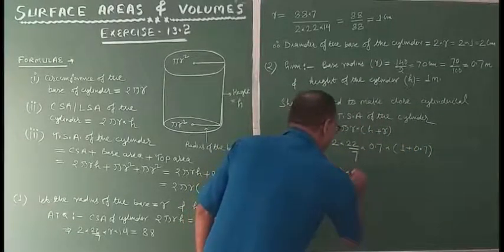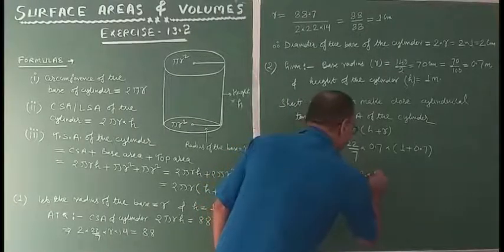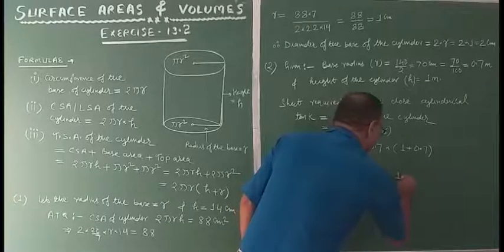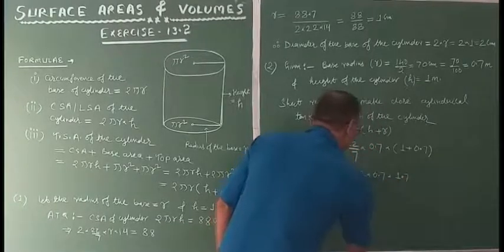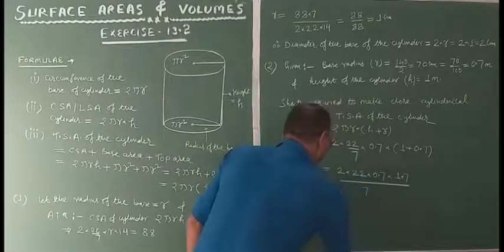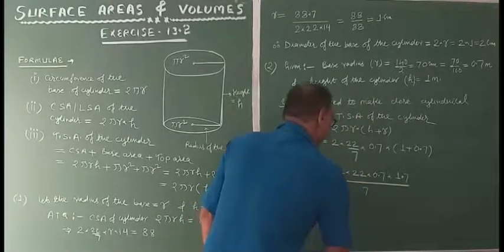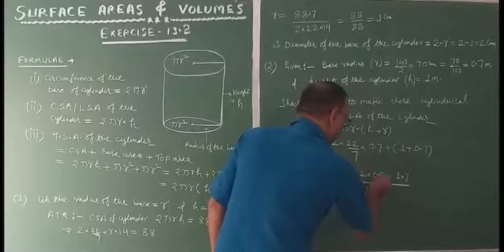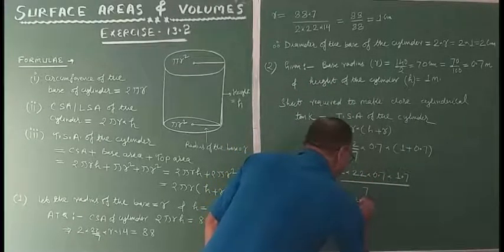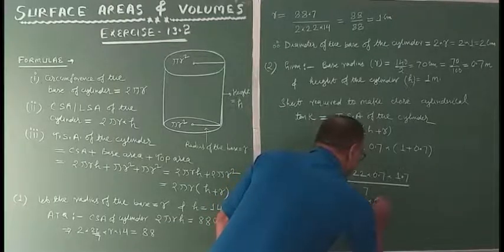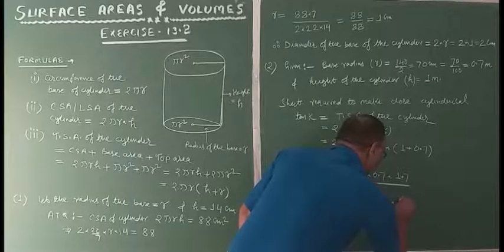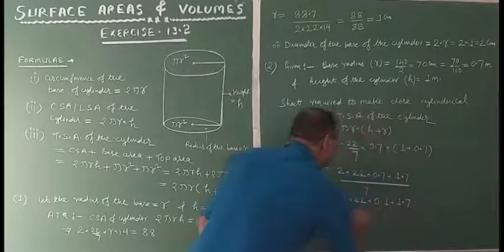Now just do the calculation. 2 into 22 into 0.7 into 1.7 upon 7. So what will you get? 7 into 0.1, so 2 into 22 into 0.1 into 1.7. Just multiply them.